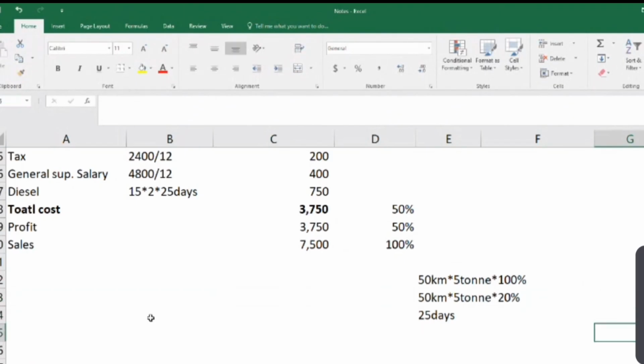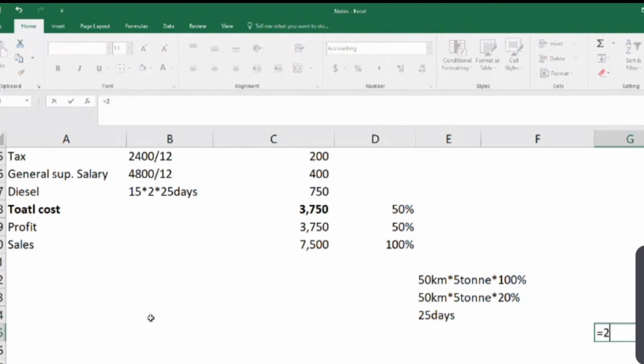So basically it is this plus this, into 25 days.